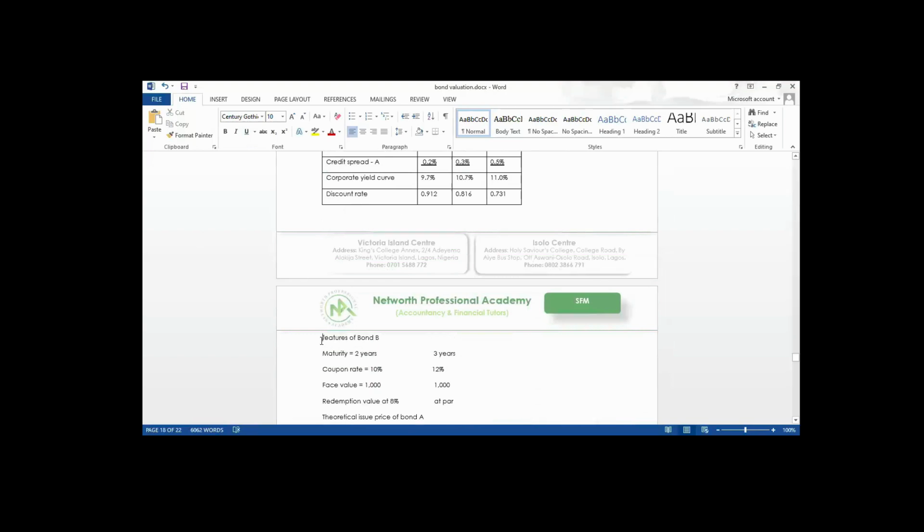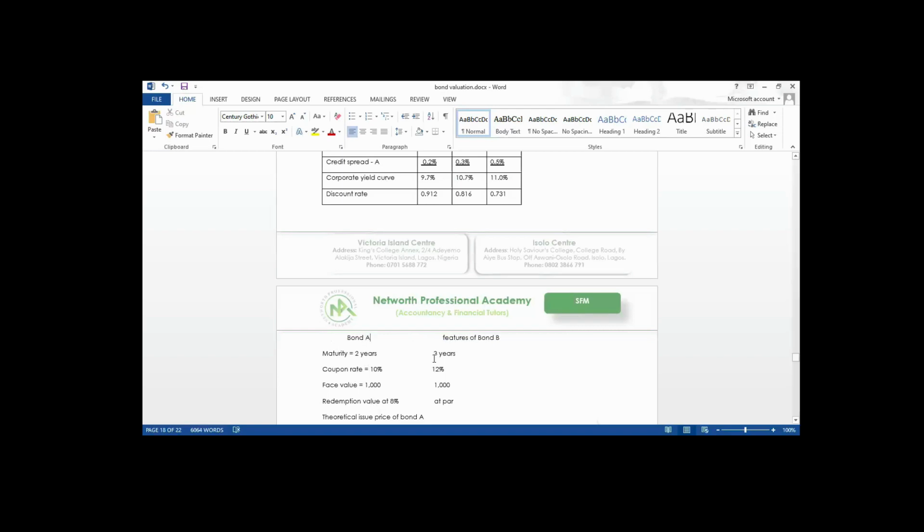For bond B, okay, this is bond B, sorry. Maturity 3 years. Coupon. This is for bond A.